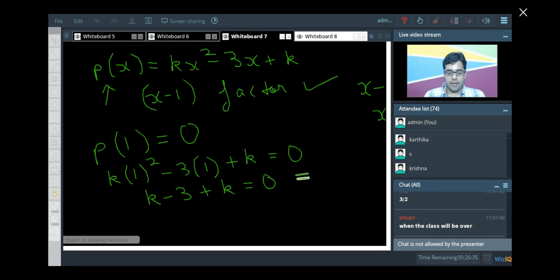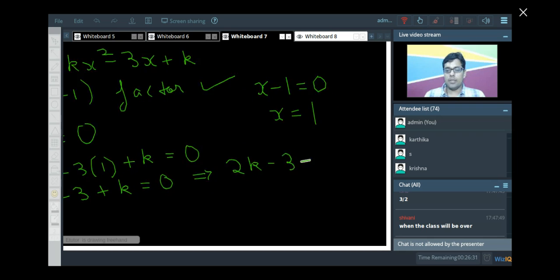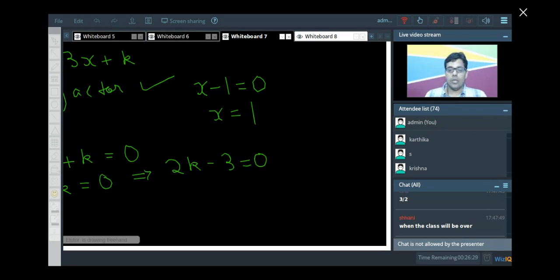And from here we have 2k minus 3 equals 0. So here we have 2k equals 3, and then the value of k is 3 by 2. Thank you for the answers. So the right answer is k equals 3 by 2 by using the concept of factor theorem here.